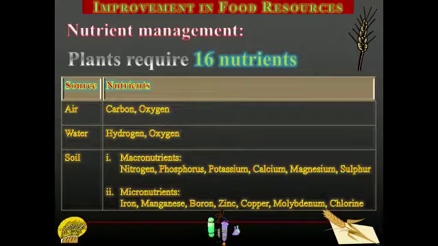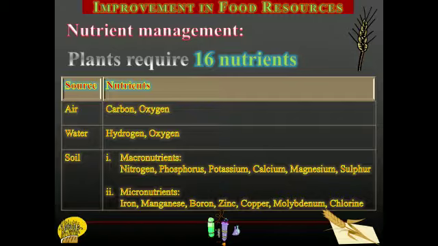These nutrients are classified as macronutrients and micronutrients. There are six macronutrients that are nitrogen, phosphorus, potassium, calcium, magnesium, and sulfur, whereas there are seven micronutrients that are iron, manganese, boron, zinc, copper, molybdenum, and chlorine.